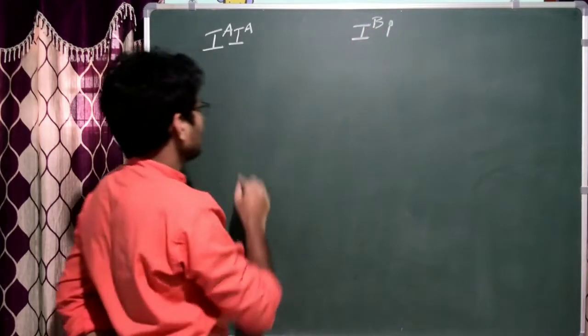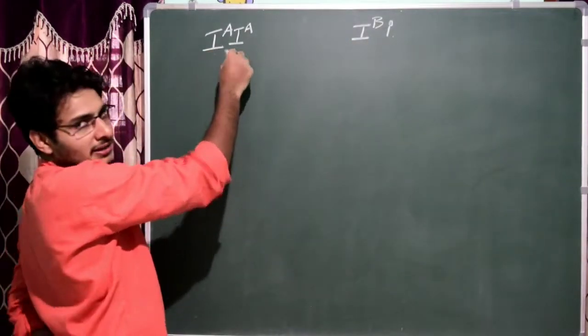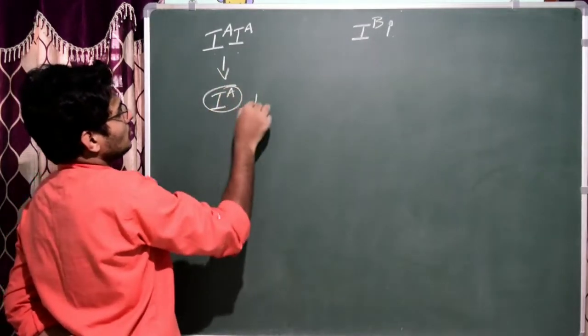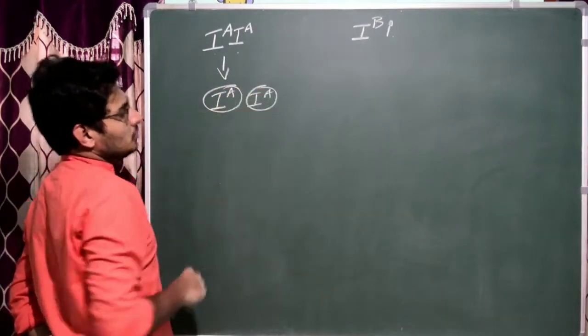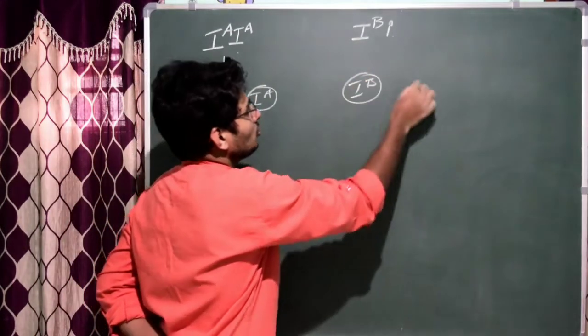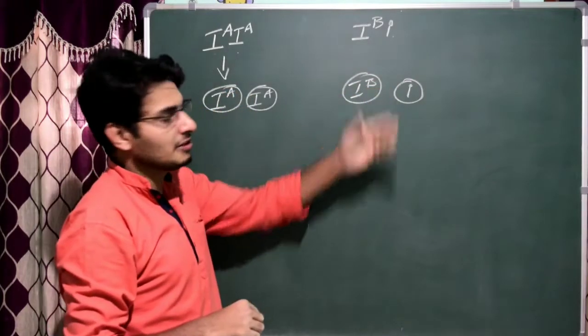So if it is homozygous, IA IA, and if it is heterozygous, IB, small i, you know it. So gametes will have this type of alleles. In this case we get two different types of gametes. One is IB, the other gamete is having small i.